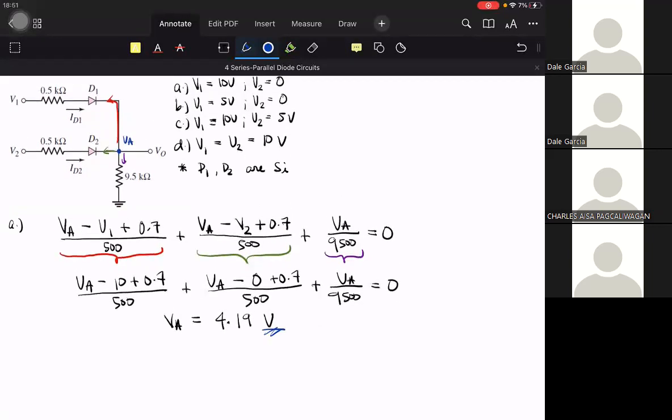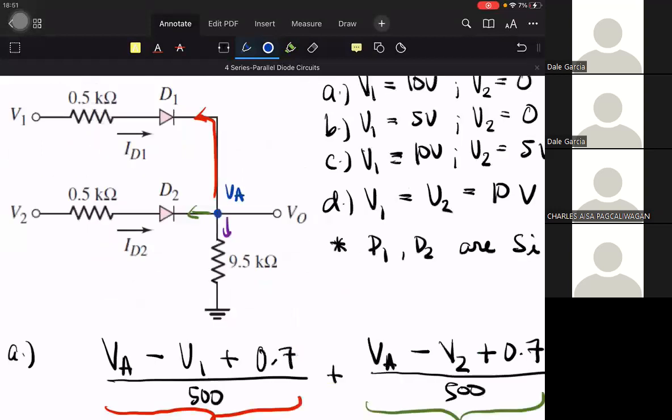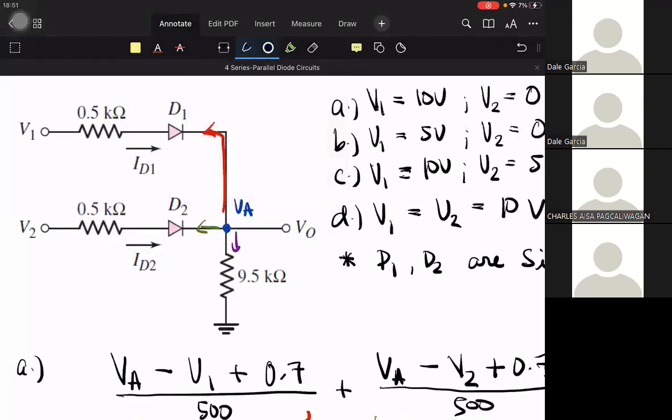Remember, V1 is 10 volts and V2 is 0 volts. Although mas dako si 10 volts kaysa 4.19, i-overpower lang ni 10 volts si 4.19. That's why current will still flow in that direction.